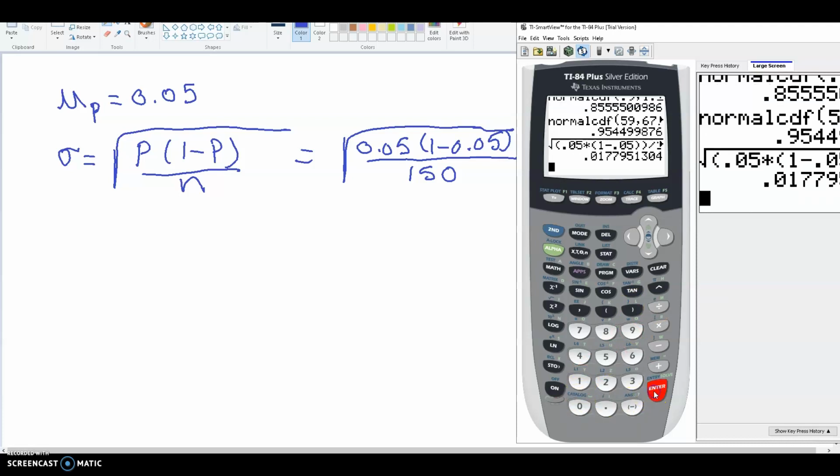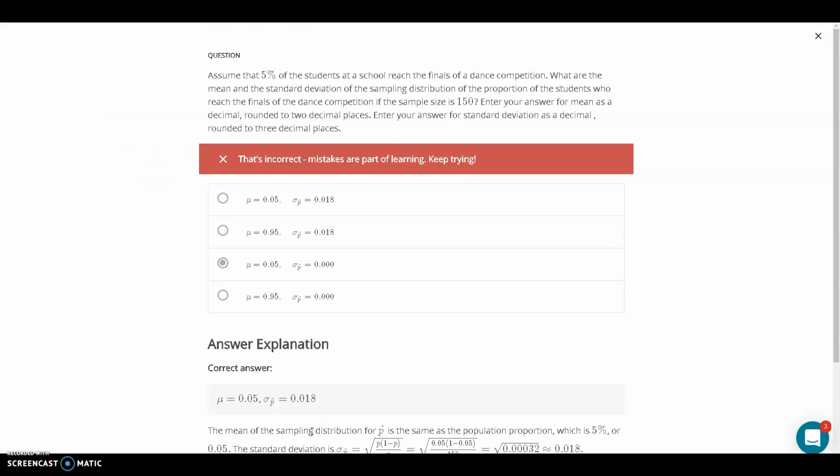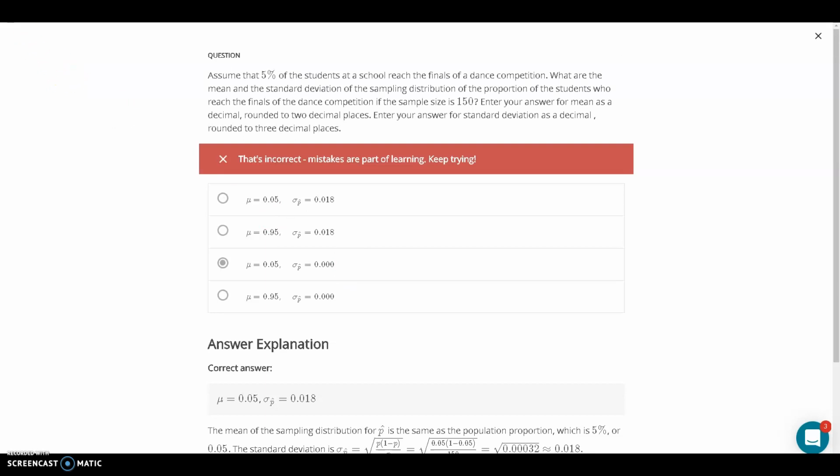So 0.018. If we go back to the problem, correct answer: 0.05, standard deviation 0.018. All right, let's look at one more.